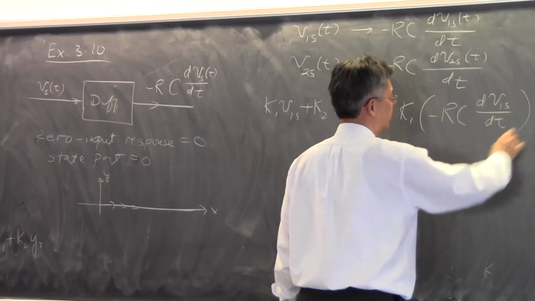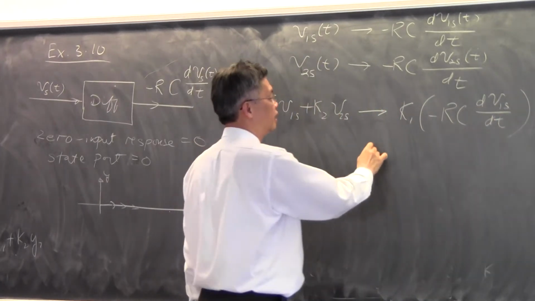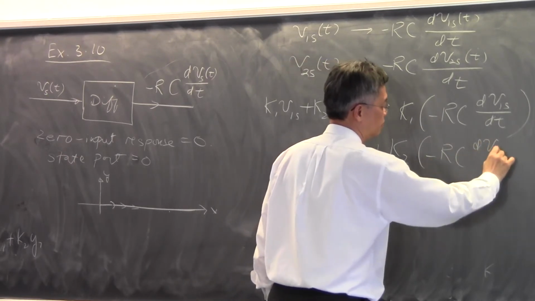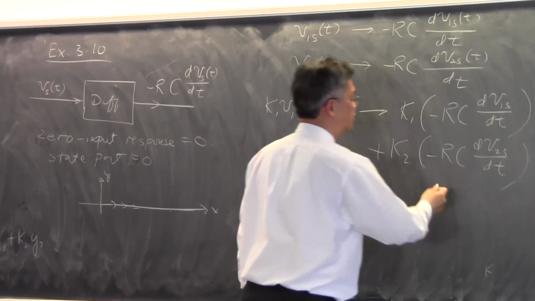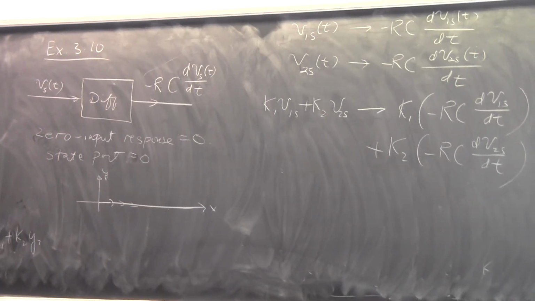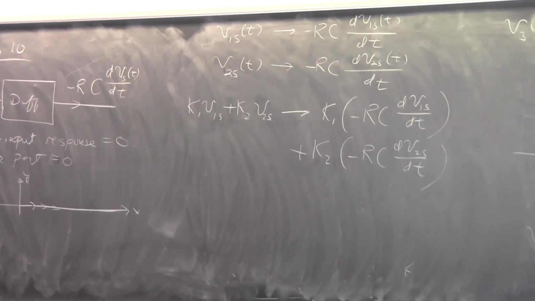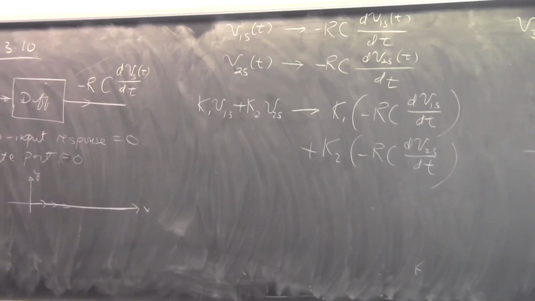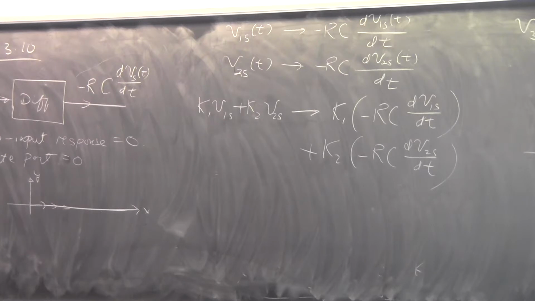I'm sure that you can go through the algebra and obtain this. You plug the left-hand side as the input, you get the right-hand side as the output. And it satisfies the principle of linear superposition. So the differential operator, a differentiator, is a linear system.